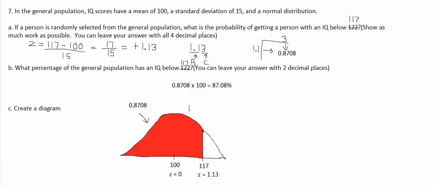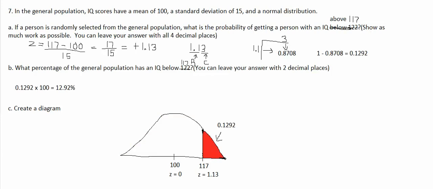Let's see, I gave you a couple other types of z-score problems, so I'll just show you one or two more examples quickly. Let's now imagine that I asked you what's the probability of randomly selecting a person above 117, and everything else about the problem is the same.